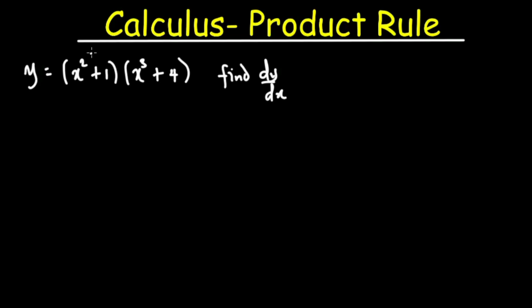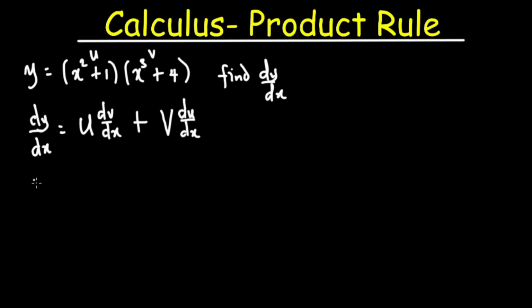So we can say this is u and this is v. And we're going to use the formula that dy/dx is equal to u multiplied by dv/dx, so differentiating v, plus v multiplied by du/dx.